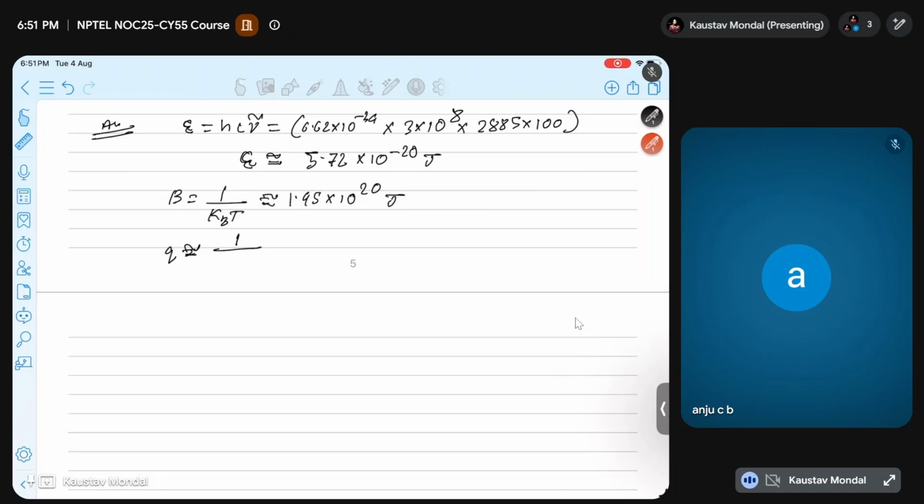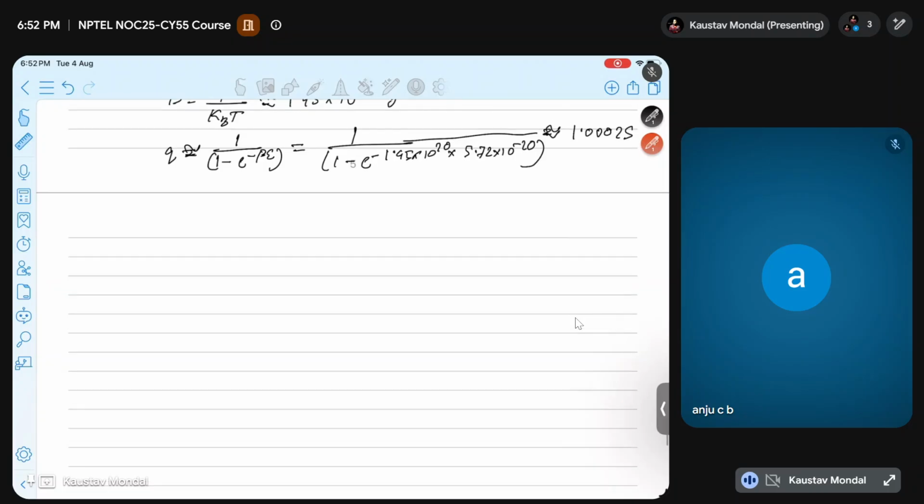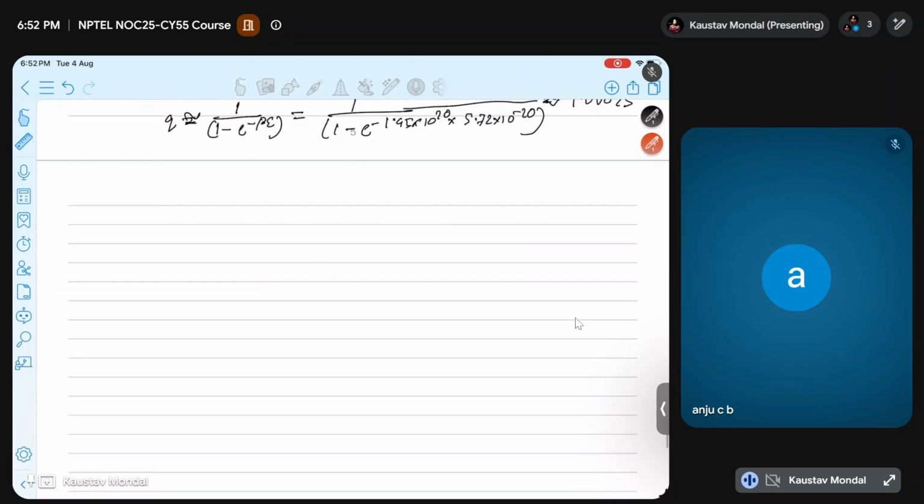So Q would be 1 over (1 minus e to the power minus beta E), with beta 1.45 into 10 to the power 20 and E 5.72 into 10 to the power minus 20. If you do that, you'll get roughly Q as 1.00025, pretty much close to 1, as we got in the previous problem also.